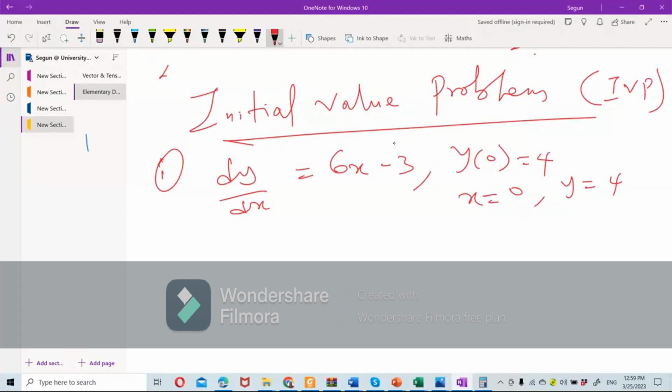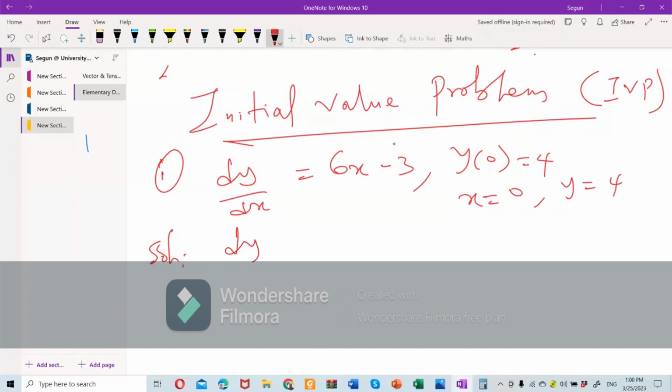So in this case now, what do we have? How do you solve this problem? Solution. You have dy/dx equals 6x minus 3. So we can cross multiply. So what do you have?